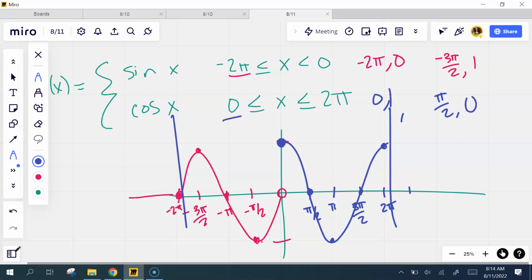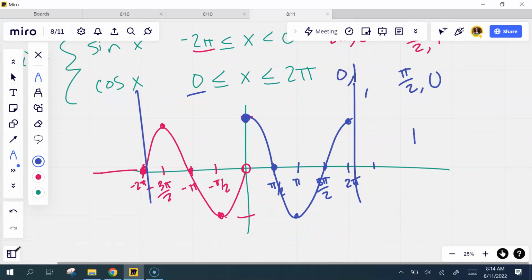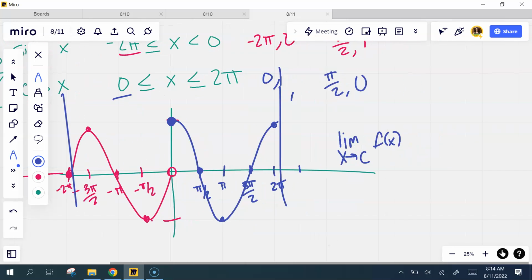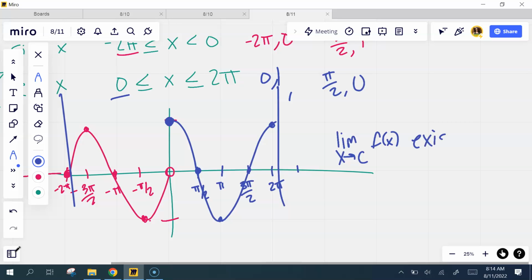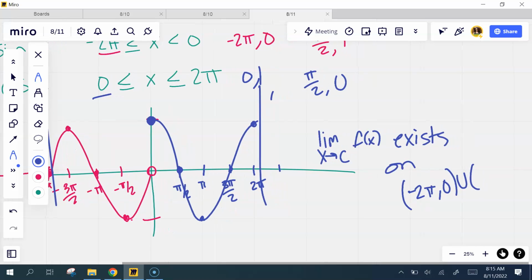So that's where it doesn't. So everything except 0, right? So I might say that the limit as x approaches c of f of x exists on negative 2 pi to 0, but I don't want to include 0, and then from 0 to 2 pi.